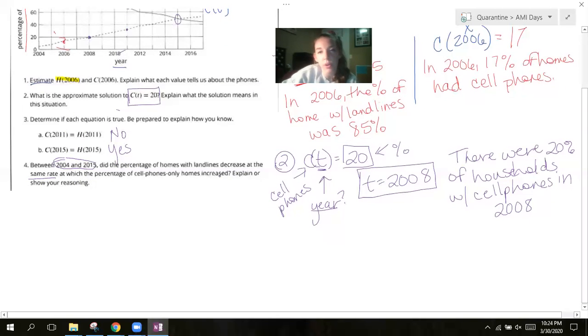Okay, so it wants to know if landlines were decreasing at the same rate that cell phones were increasing. Anytime we're talking about the rate, we're talking about the average rate of change, which we know is the slope.